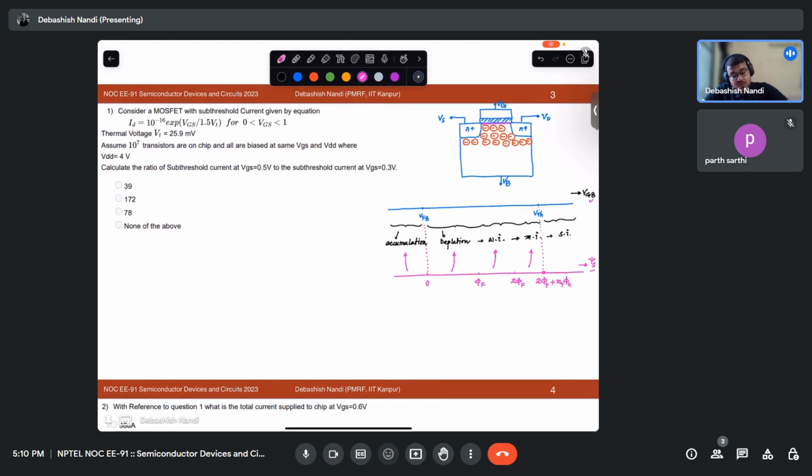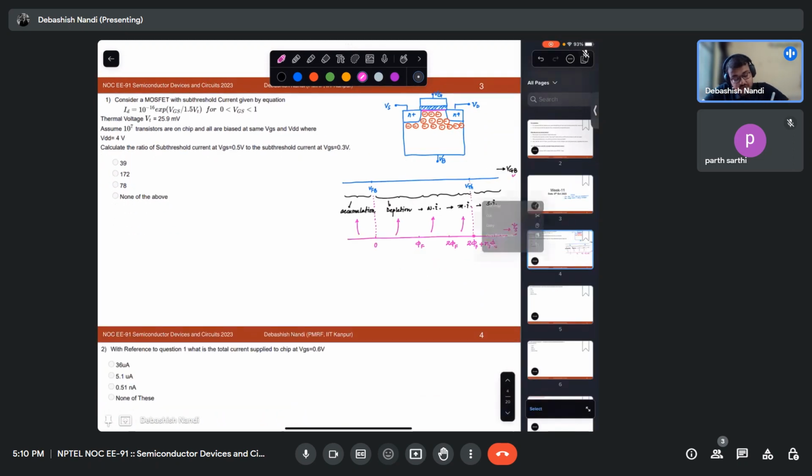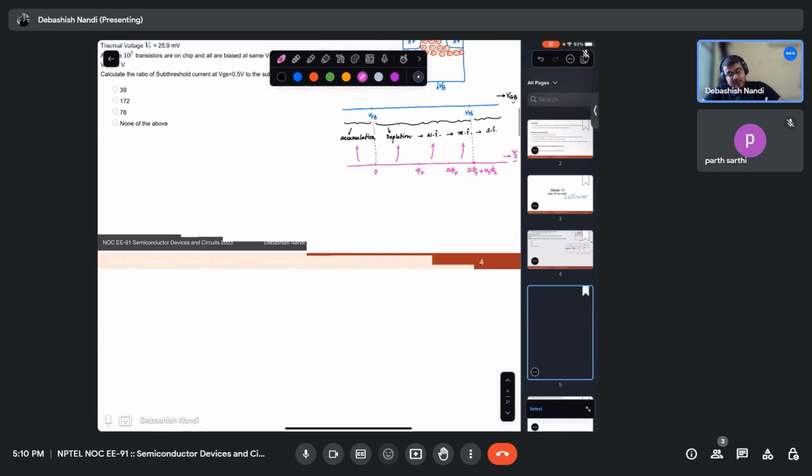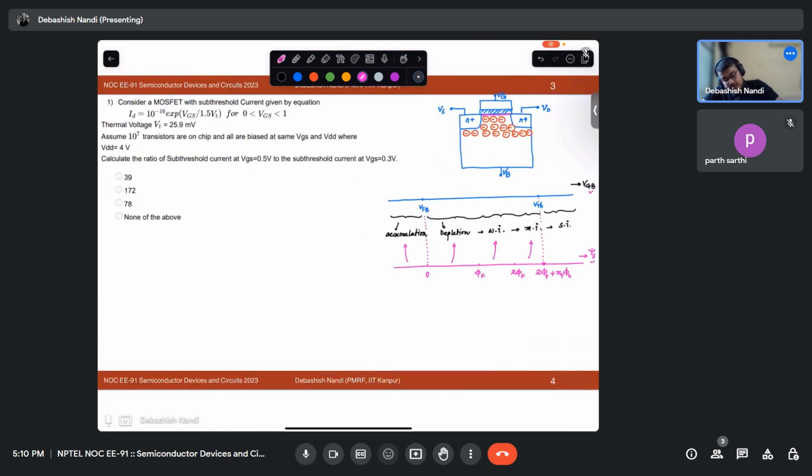What we have studied so far is the ID-VG characteristics you are familiar with, or what we call transfer characteristics. This is VG, and this is your ID. How will this look? Any comment? It will look something like this.